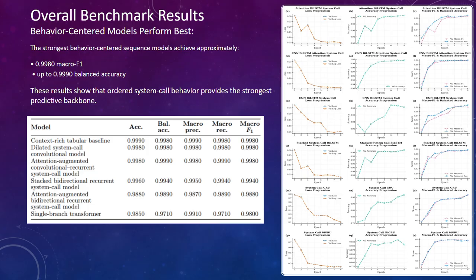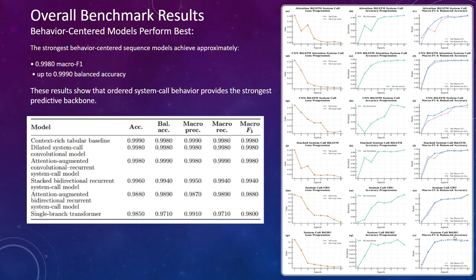And these are the results of this research project. These are just some of them, not all of them. The actual evaluation contains many more models, but for example, the attention BiLSTM and CNN BiLSTM are shown in this figure with their macro F1 and loss progression graphs, as we can see from their behavior.